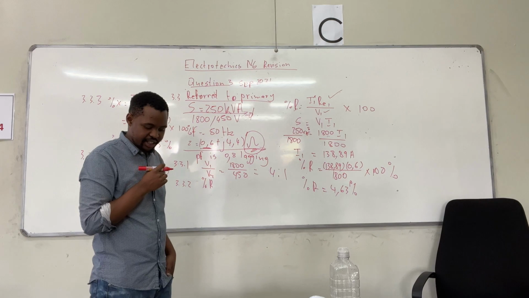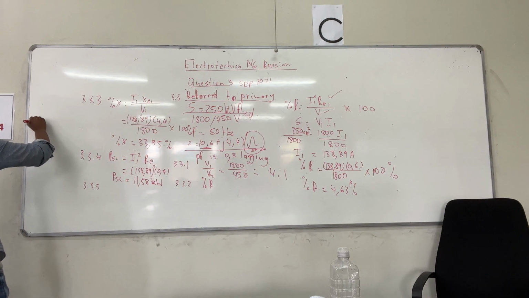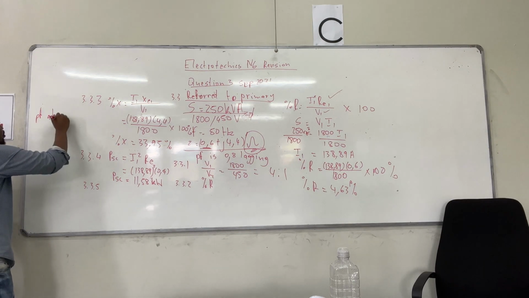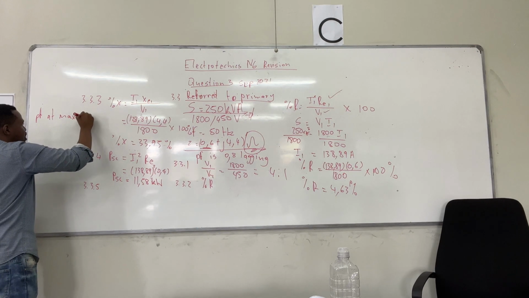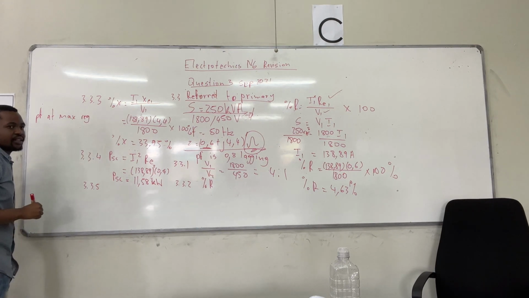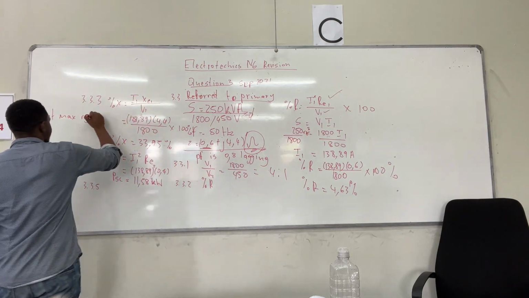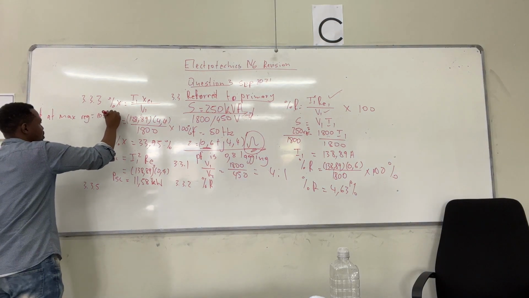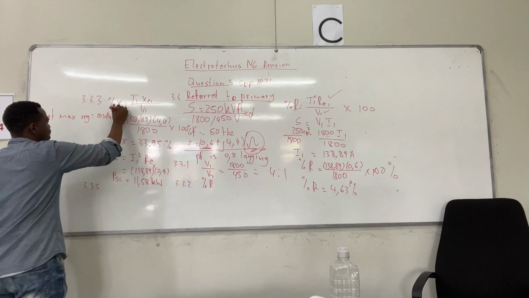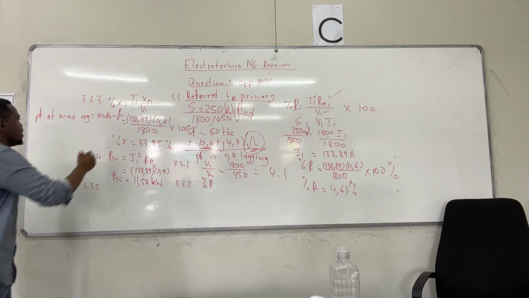Okay, guys, this one is not in your textbook. Please write it down: power factor at maximum regulation. Power factor is equal to cos theta, which is R over Z_E.